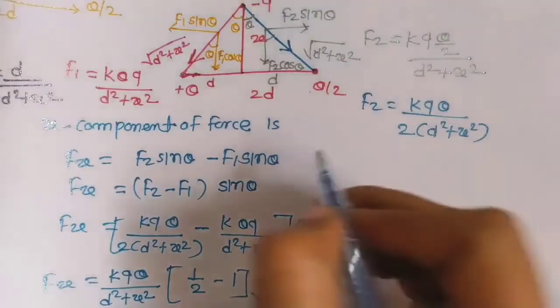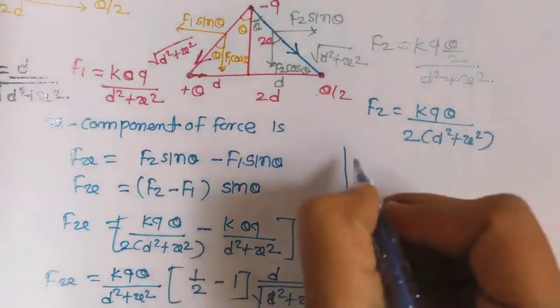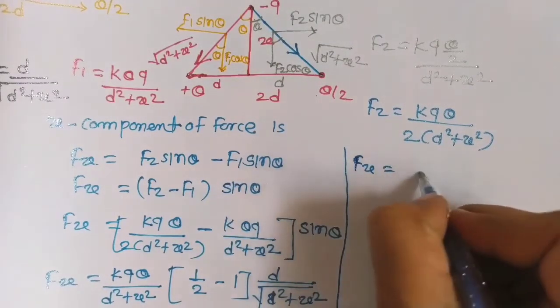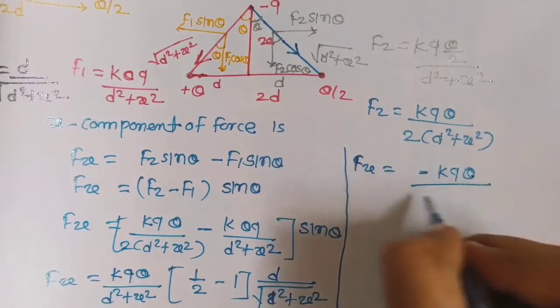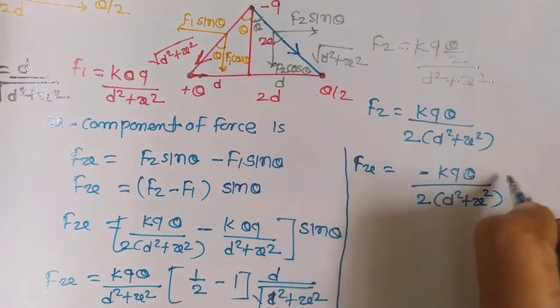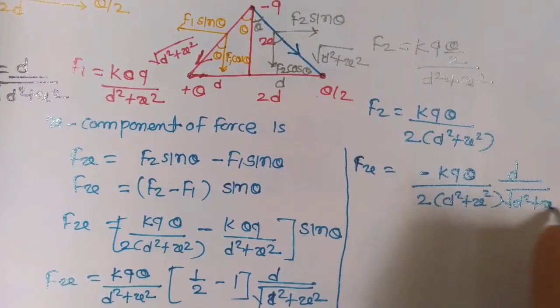So Fx is equal to minus k q upon twice d square plus x square into d upon under root d square plus x square.